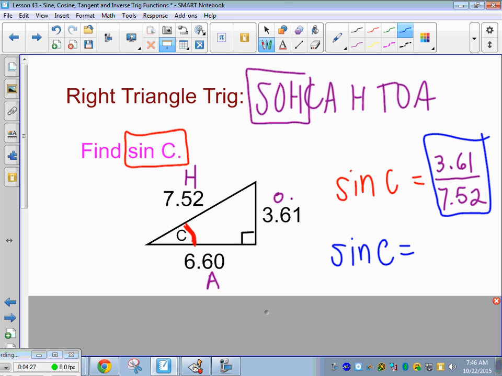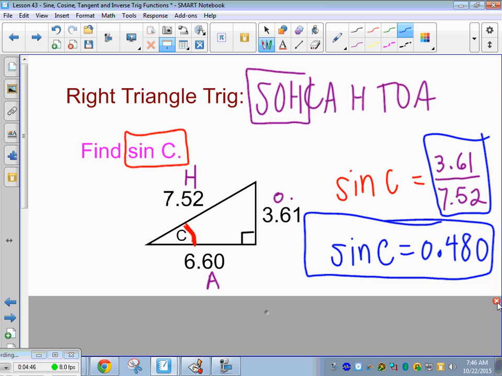Sometimes we just leave these as fractions, but if you have decimals, that's weird. So let's go ahead and figure out what decimal answer that is. Anybody got it for me? Sydney? If we round to 3 decimal places, sine of C is equal to that decimal.